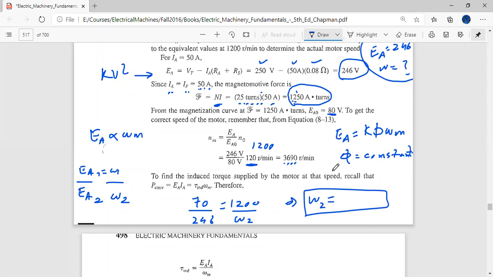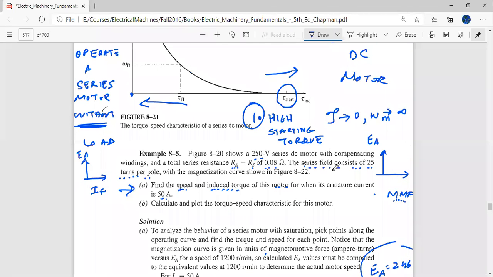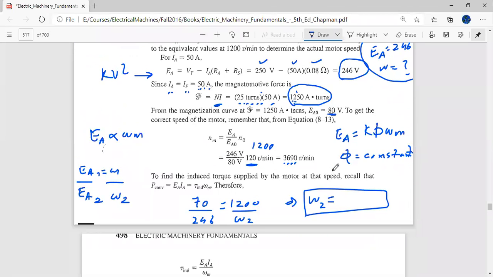Okay, and the second part is, we also want to find the torque. So in all the DC machines, remember this formula, that P converted for the motors is equal to the electrical energy finally reaching the armature. Because this energy will now be converted to mechanical energy.